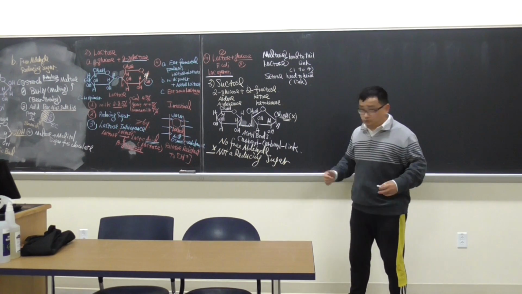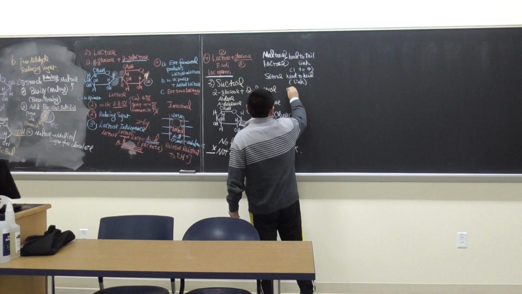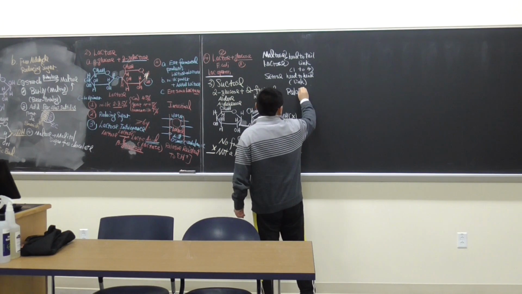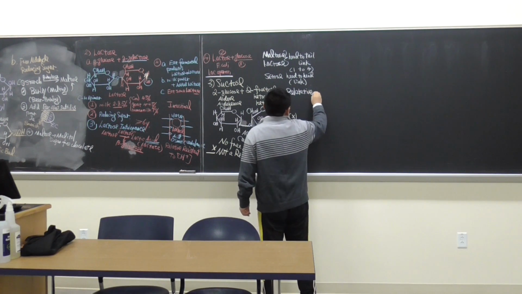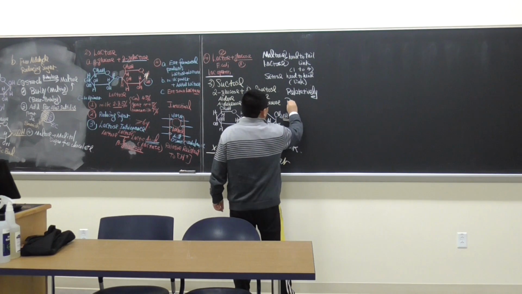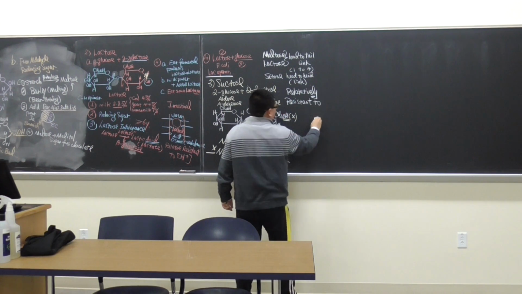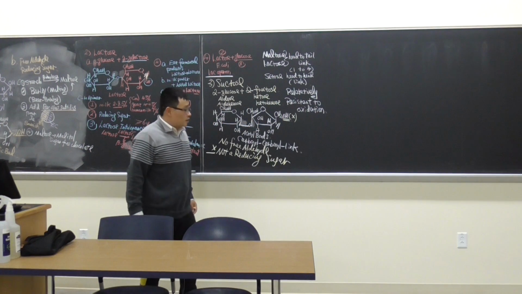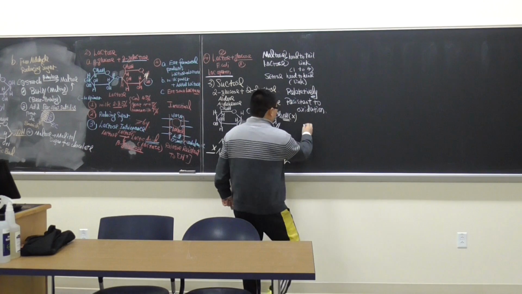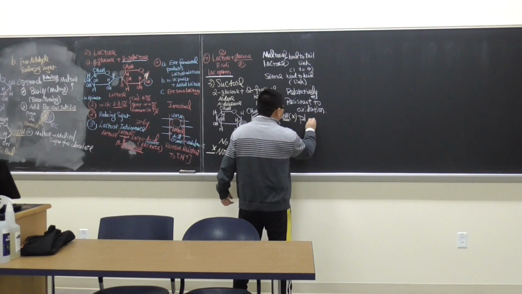Because it's not a reducing sugar, therefore, this one is relatively, I would just say relatively, resistant to oxidation. Okay, that's why it exists in a huge amount in plants.